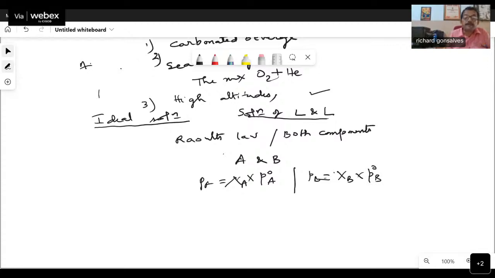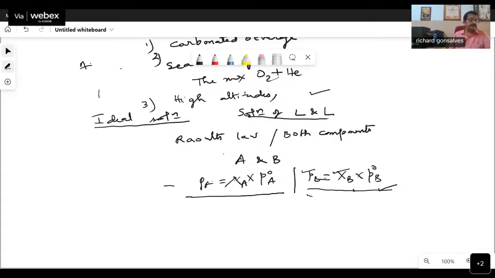The partial pressure of each component is the product of mole fraction of that component and vapor pressure of the pure component. If this is obeyed, then it is called ideal solution.